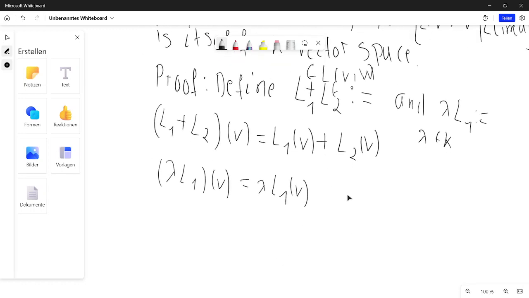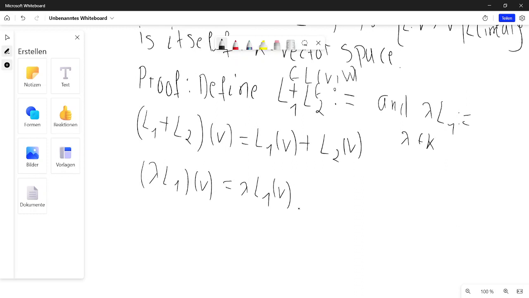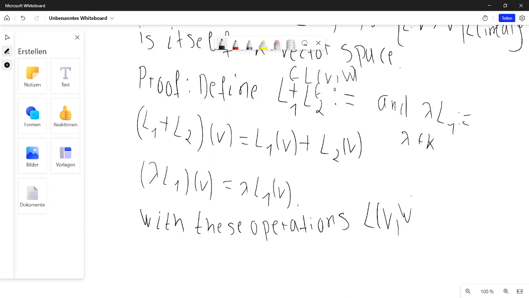So with these operations, the set of linear maps is a vector space.